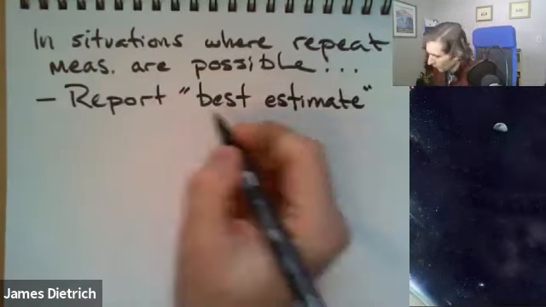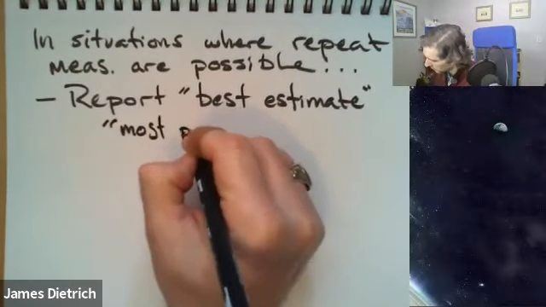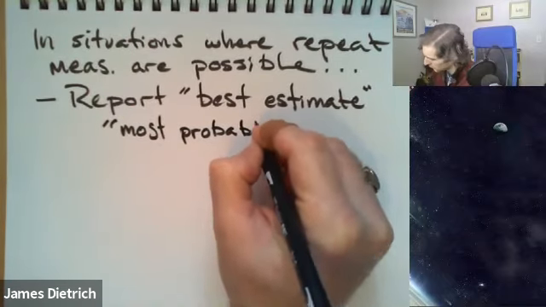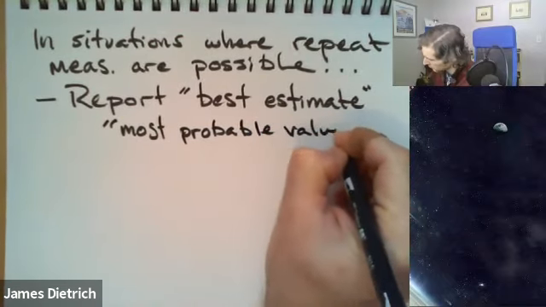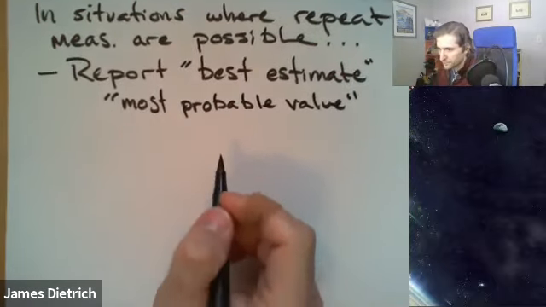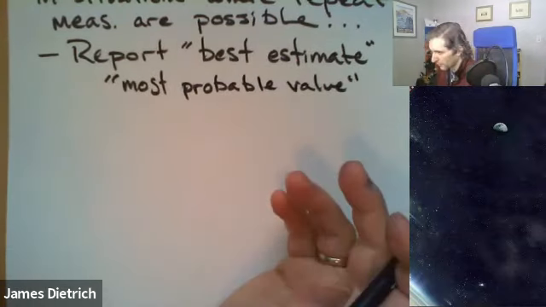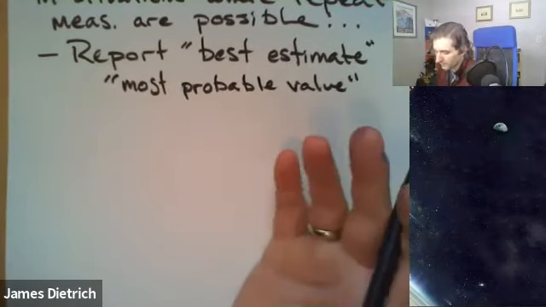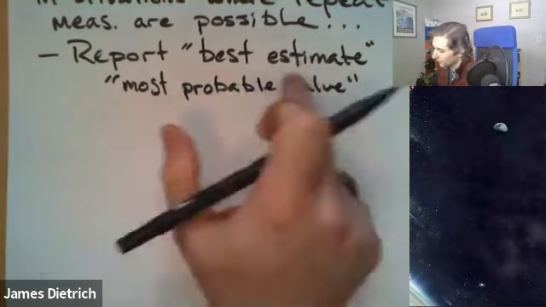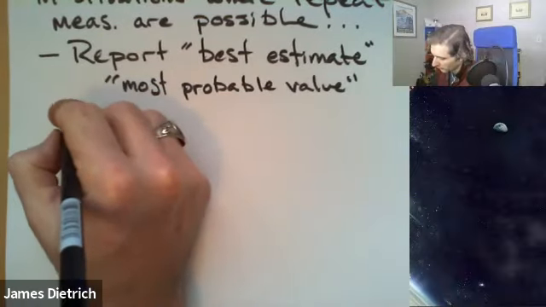Or you can also think about this as the most probable value. If we take multiple measurements, the most natural statistic to use to get this best estimate is literally the mean value of our measurements.